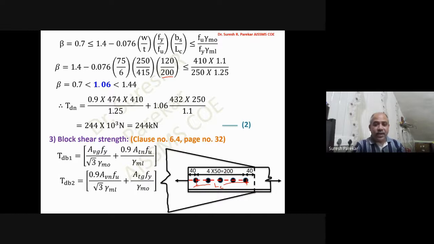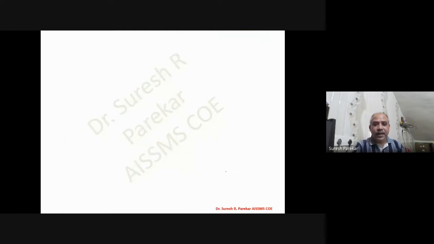So now we will calculate TDB1 and TDB2. AVG and AVN we have along the red line and then along the blue line, as we calculated in the case of plates also.